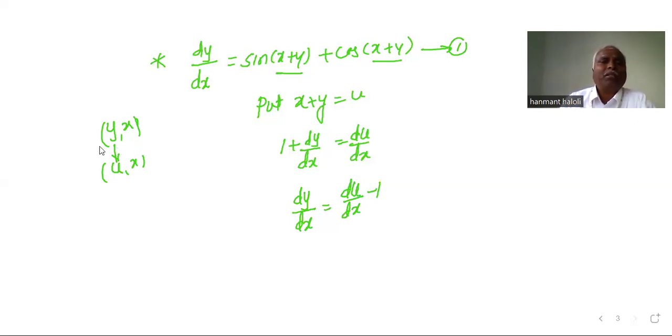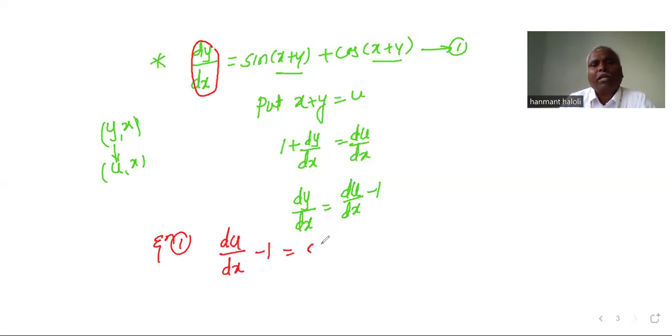Now after this substitution, what change occurs in the differential equation? Equation number 1 can be written as, in place of dy by dx, we replace du by dx minus 1 equal to sin u plus cos u. Now you can write du by dx equal to 1 plus sin u plus cos u.